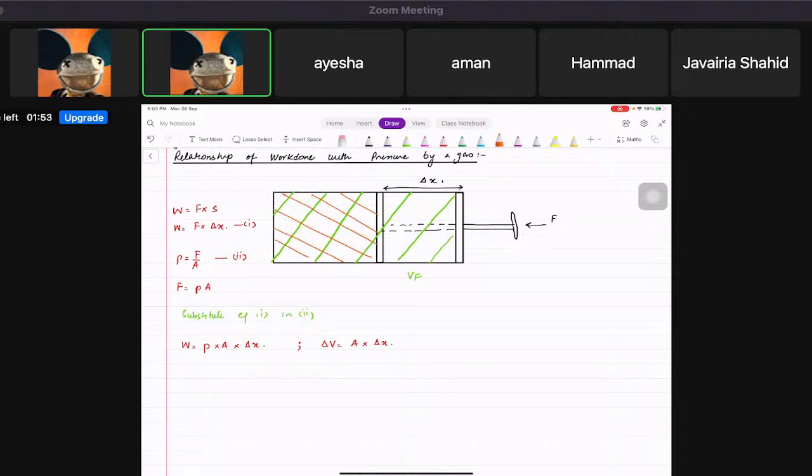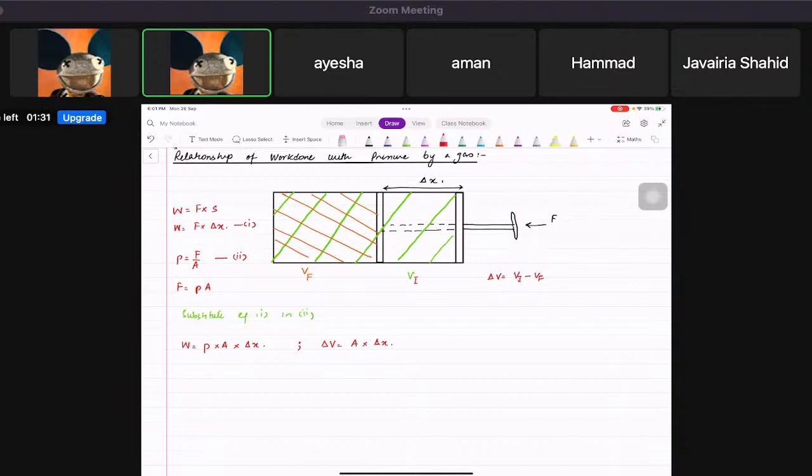So that was the final volume, and this was the initial volume. So the change in volume is caused by initial minus final, and that's how it has caused change in volume.